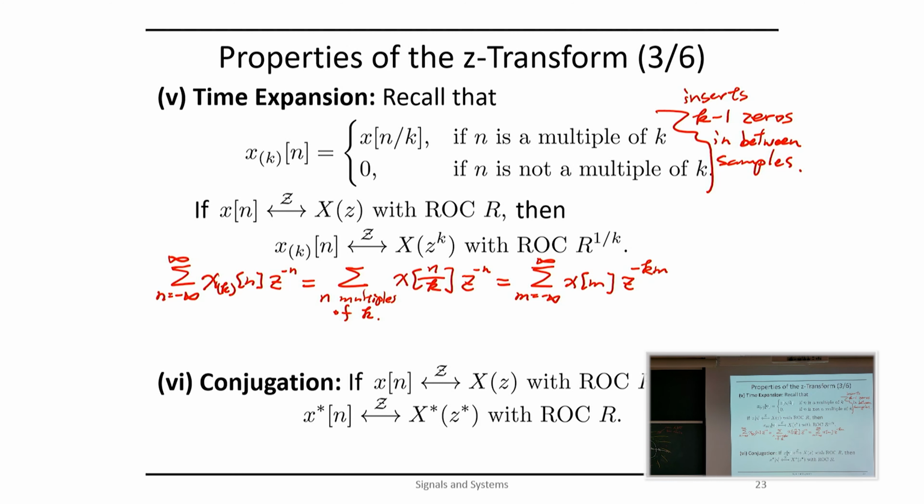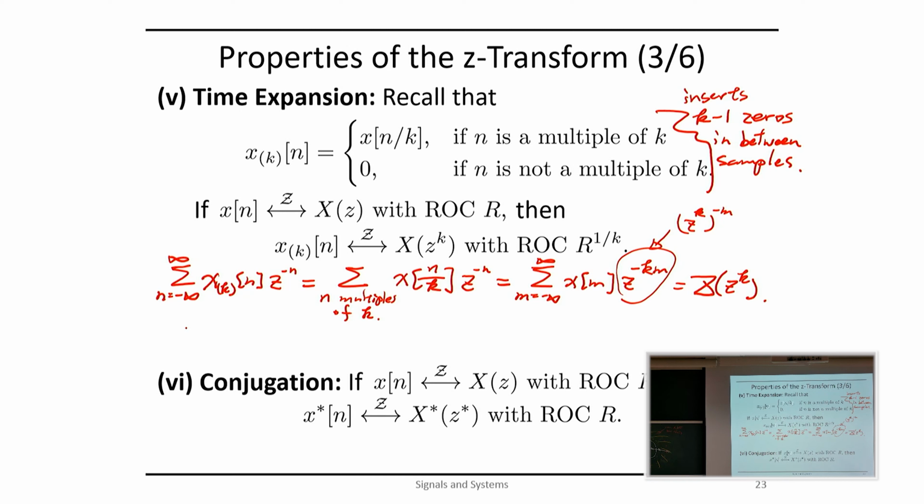And this you can view as z to the power k, to the power minus m. If you look at this, this is basically the definition of the Z transform at the point z to the power k. So this is, by definition, x of z to the power k.